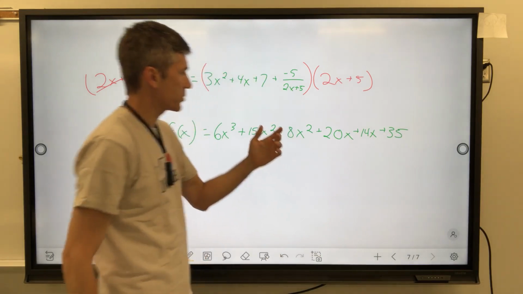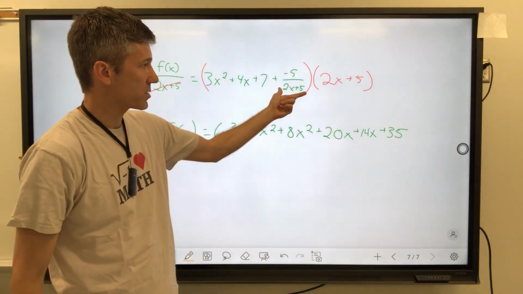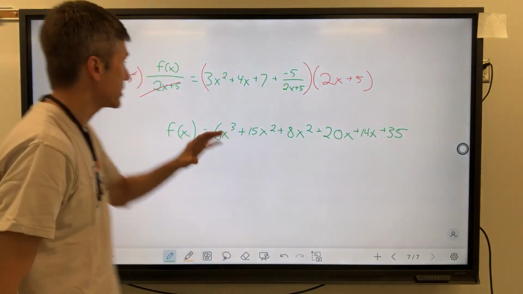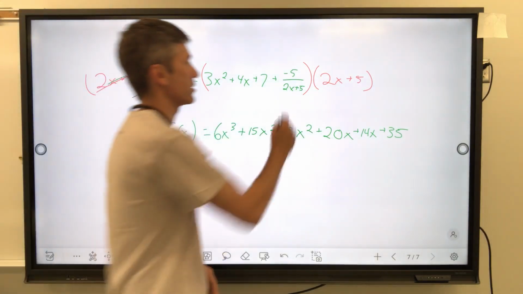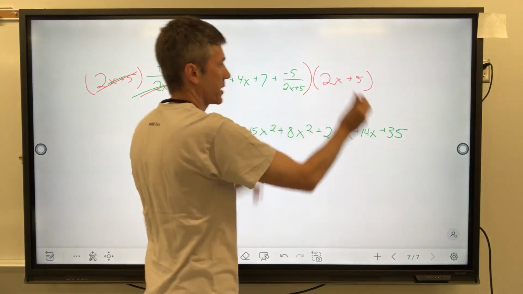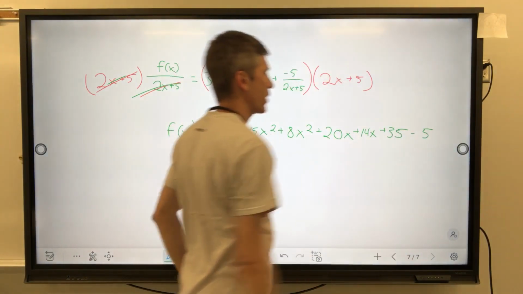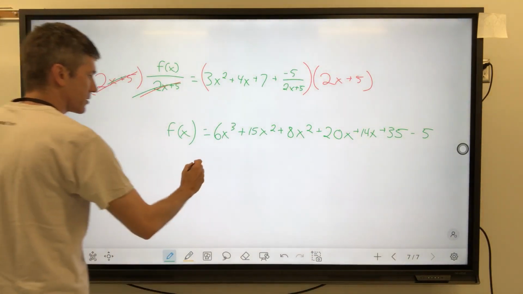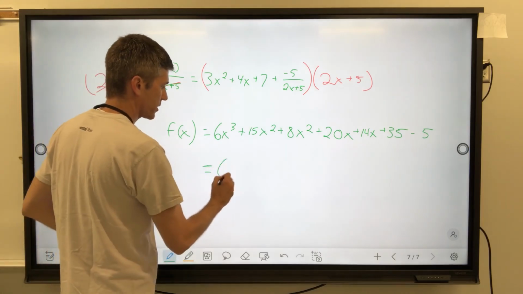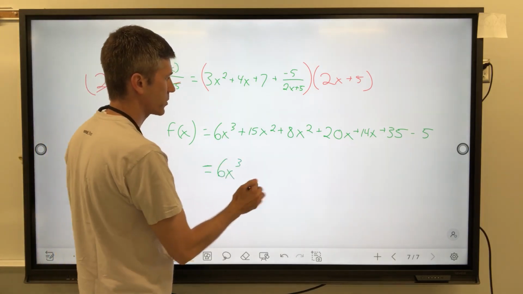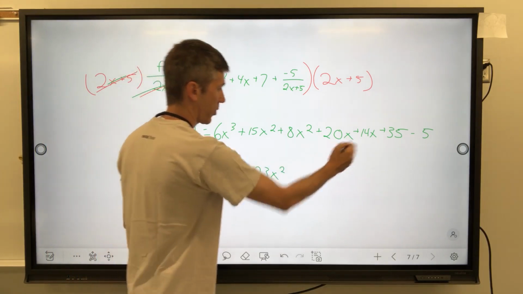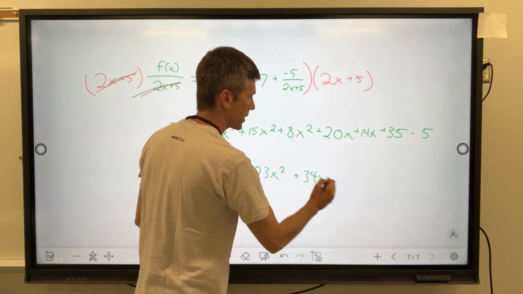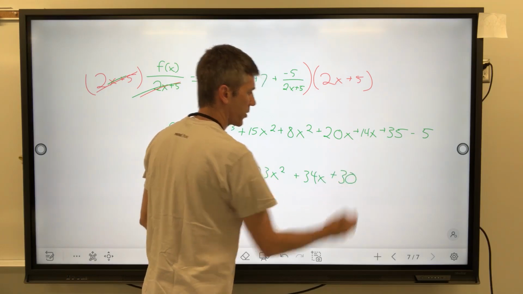And then we get to this situation where we have negative 5 over 2x plus 5 times 2x plus 5. It's the same idea we had here where we were able to just mark those out, and it would leave us with a minus 5. So the final answer, which we've already found in a different method, it could go forwards or backwards. Put those two together: 23x squared, 34x, and 30. Done.